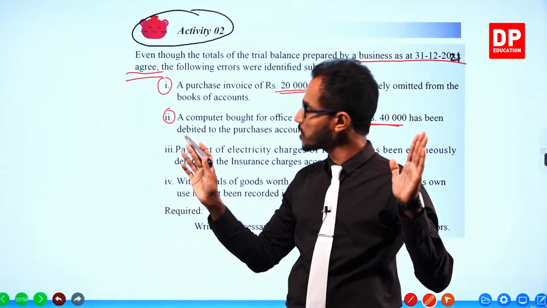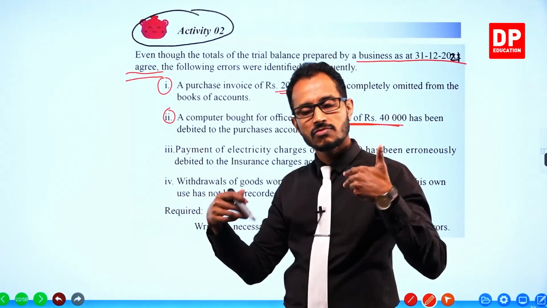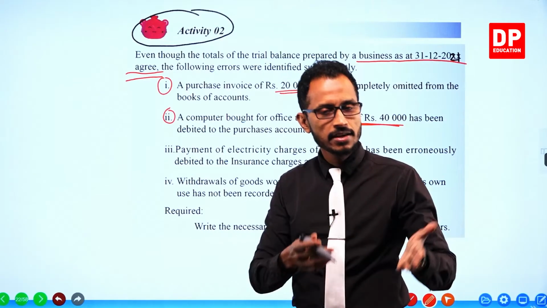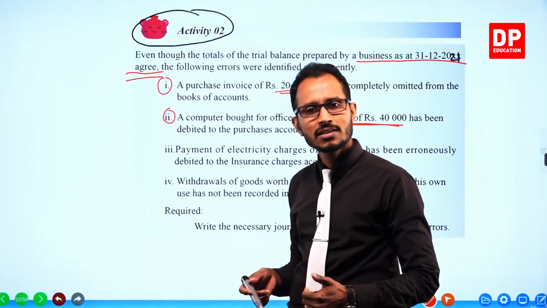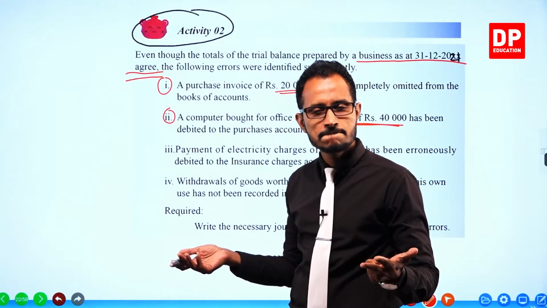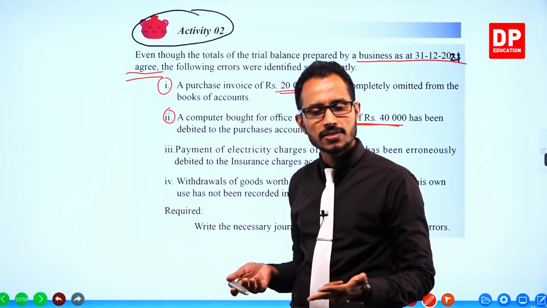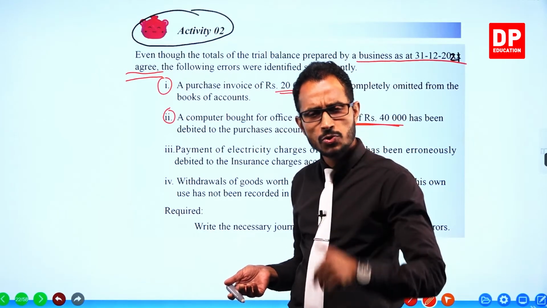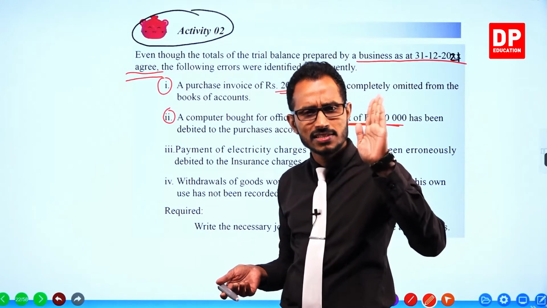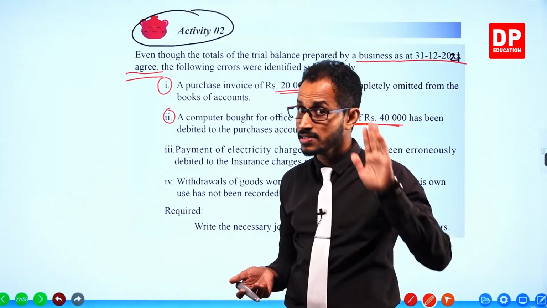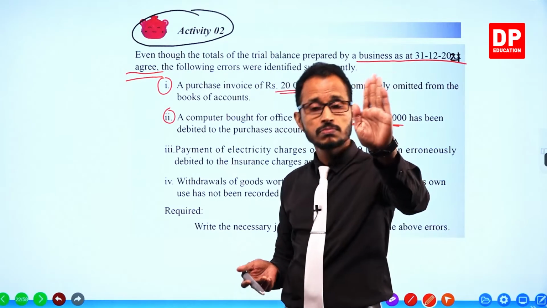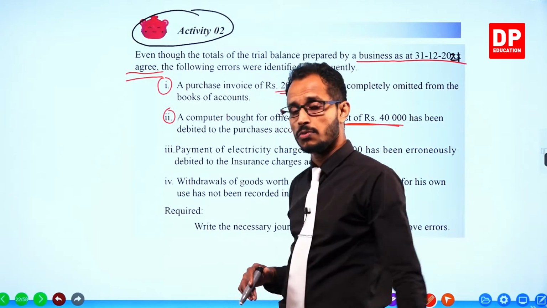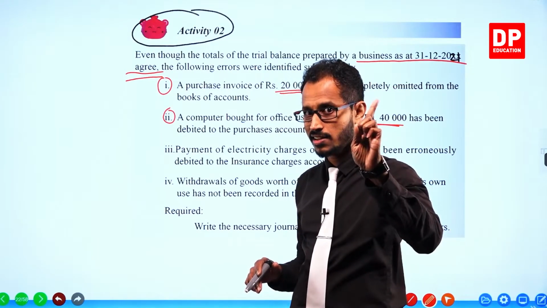If you purchase a computer, furniture, office equipment, a building, a motor vehicle, those are non-current assets. No, you cannot enter non-current asset purchases in the purchases account.